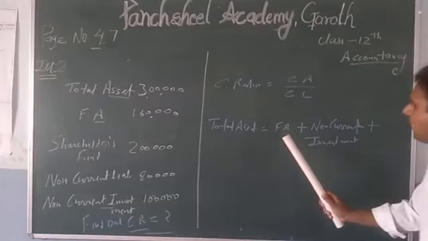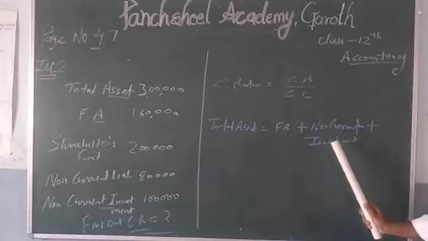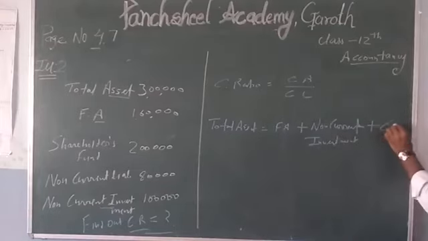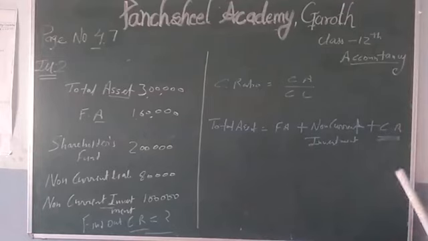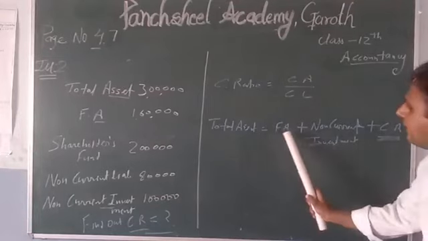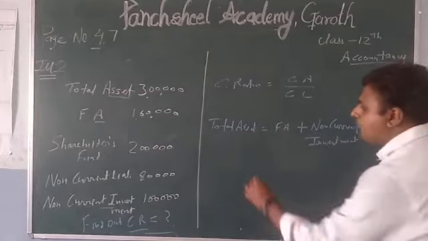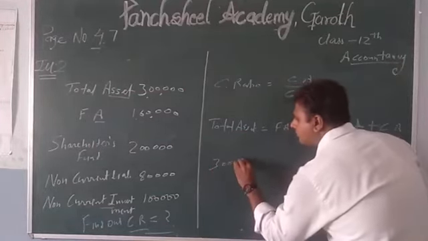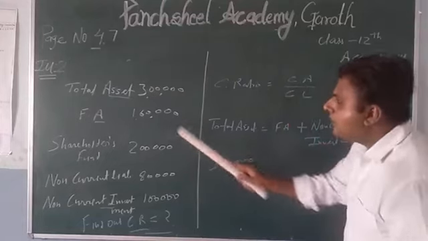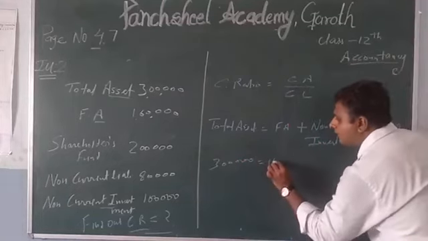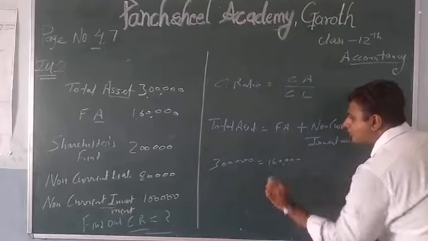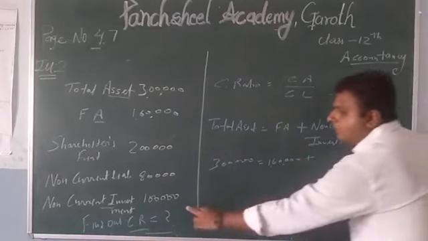This is the total asset. After adding all these three things comes the total asset. So here the 3 lakh is given to us. Fixed asset 1,60,000. Non-current investment is given 1 lakh.